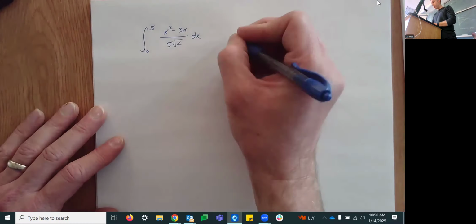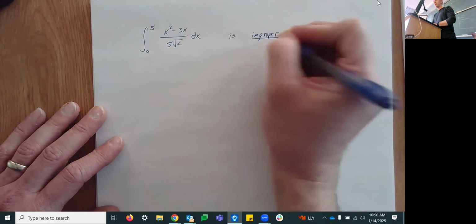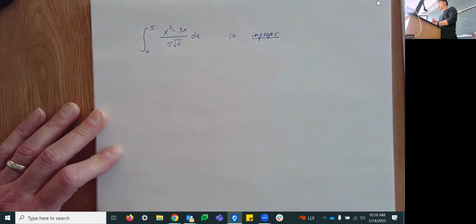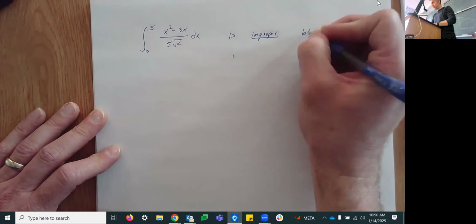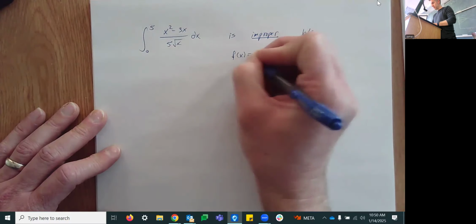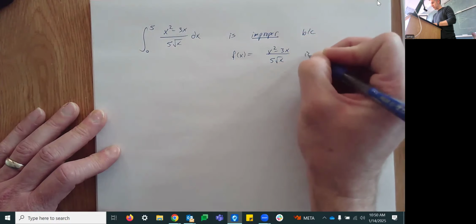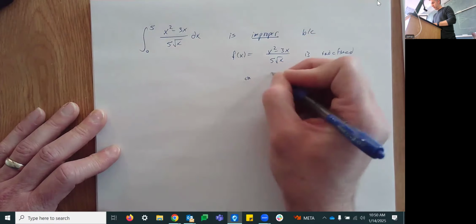But I just point out this is improper, which just means the function's undefined somewhere on the interval of integration, because your function is undefined somewhere on the interval from 0 to 5.